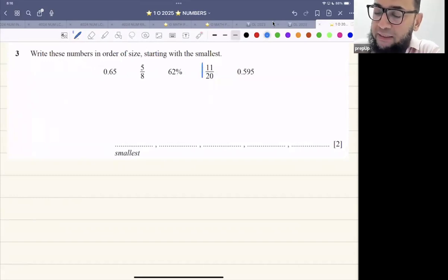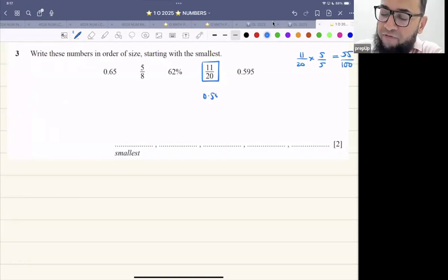So let me choose this 11 over 20. 11 over 20 into 5 into 5, 5 11s are 55, 5 into 20 is 100. So this is 0.55. This is already 0.595. This is 0.62. This is 0.65. The only thing left is 5 over 8.